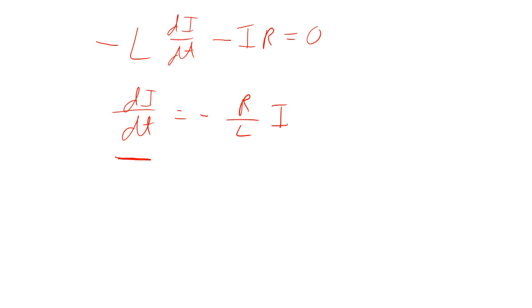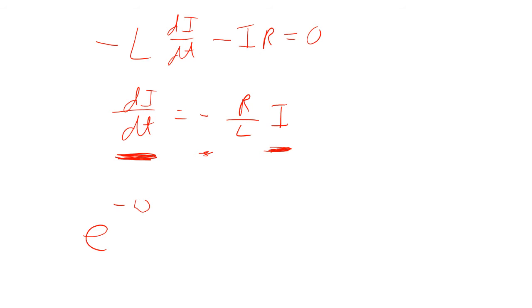Now, we've got a derivative proportional to the negative of the original thing we took the derivative of. We know from calculus that the sort of thing that does that is e to the negative something. We saw the same sort of thing when we did RC circuits.